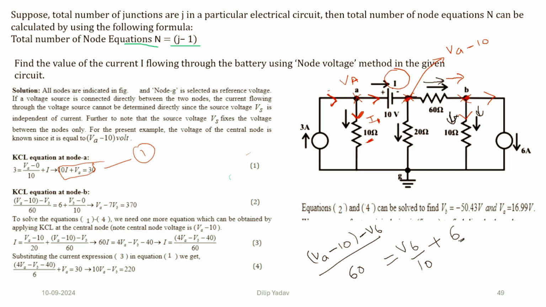So this is the current distribution that we did. By solving this, we will obtain the second equation, that will be this one.